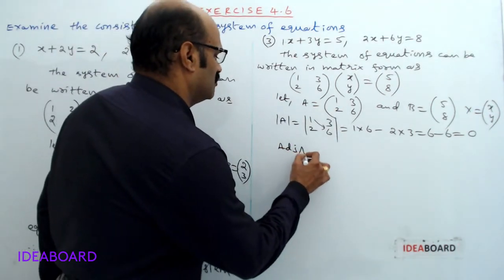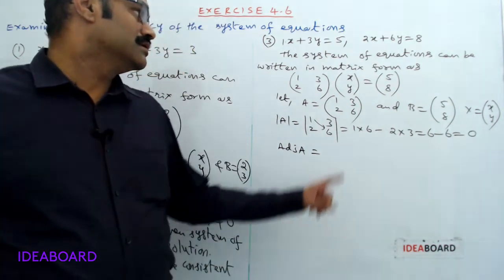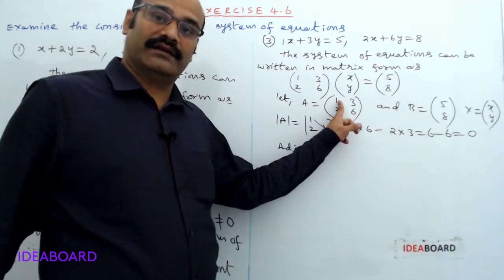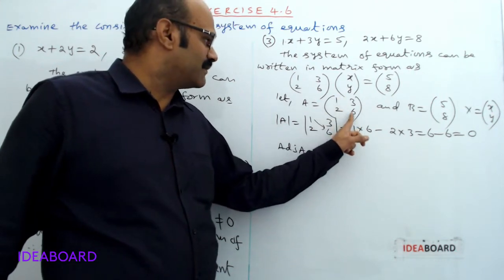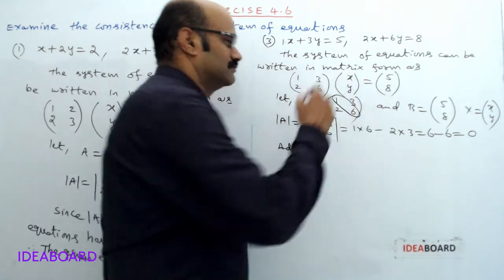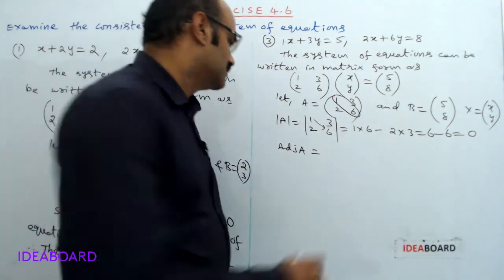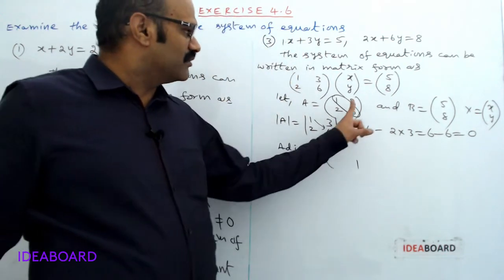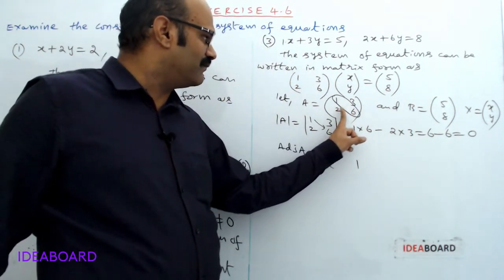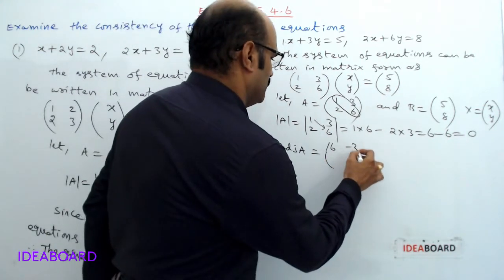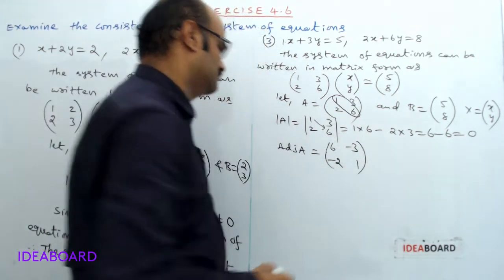Adjoint of A we can find directly. Interchange the principal diagonal elements: 6, 1. Next we change the signs of the off-diagonal elements: minus 3, minus 2.